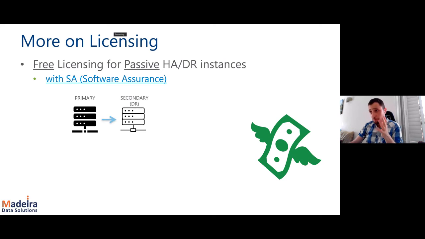So if you have a passive node and you pay for it, you just waste your money. That is a very important consideration, and you need to discuss this with whoever is responsible for licensing in your organization and talk it out with your Microsoft representative and so on.